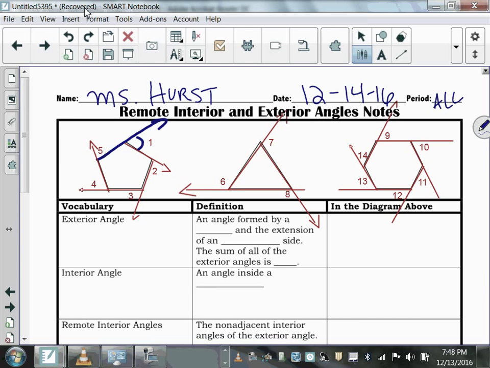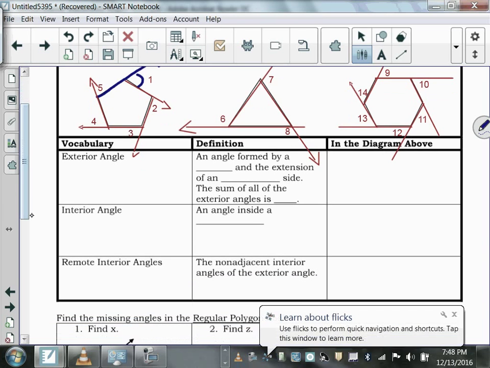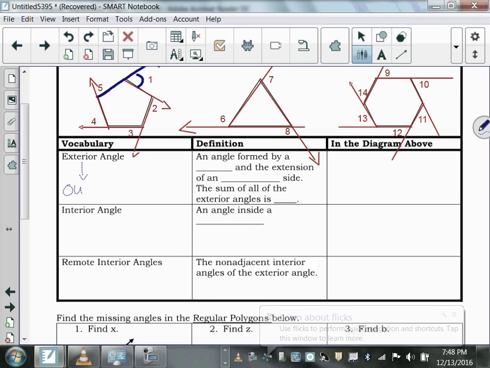All right, so now that you have that copied down, we're going to go through some quick vocabulary. So of course we know exterior angle. Well, exterior, that just means outside, right? So we have an angle that is outside of our shape.